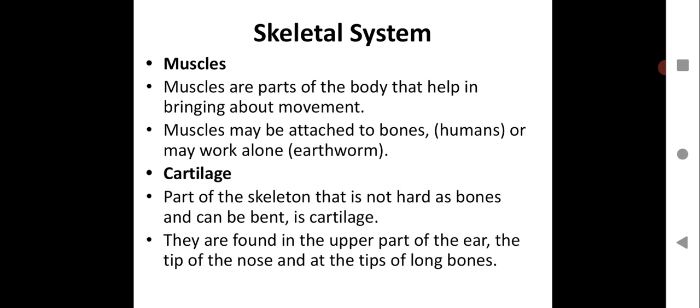So these are the cartilage, and they are very soft bones, and they can easily bend. You can check the upper part of your ear. You can easily bend it because of the cartilage, and the tip of the nose you can easily move because of the cartilage. And cartilage is not hard, it is soft.